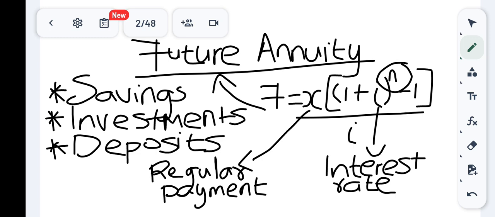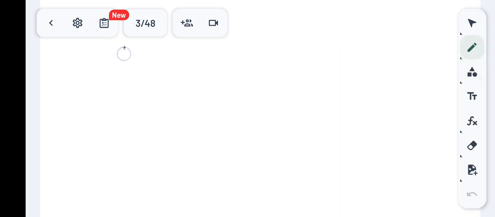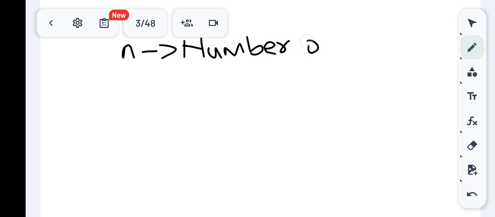Number of payments. So let's say, for example, that I'm doing a deposit in my savings account for a period of 5 years, compounded monthly.